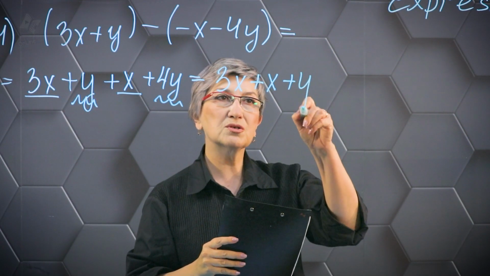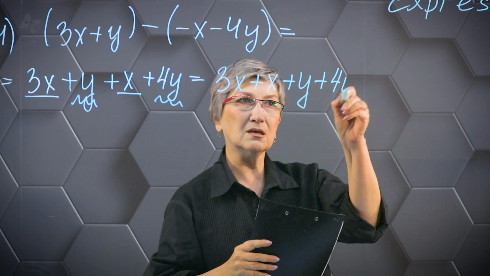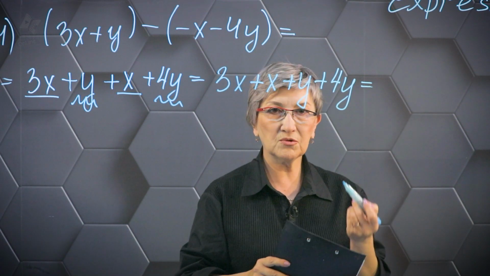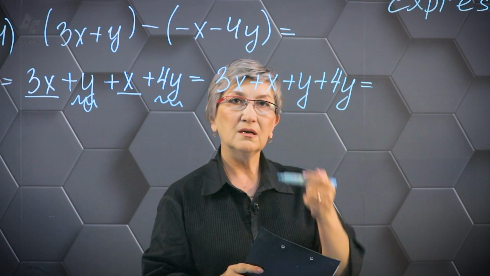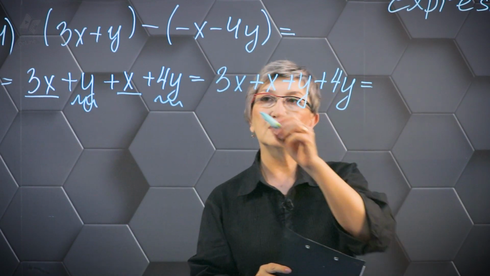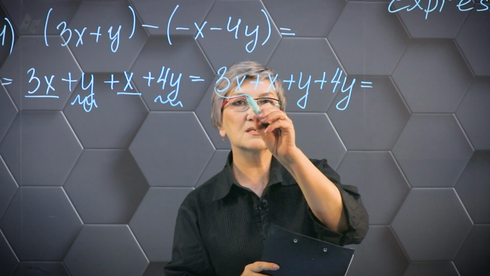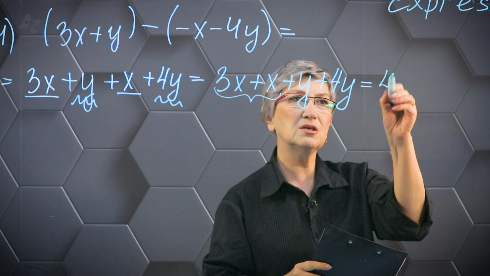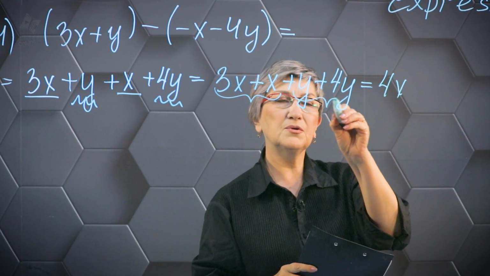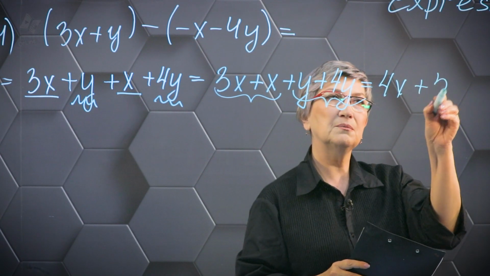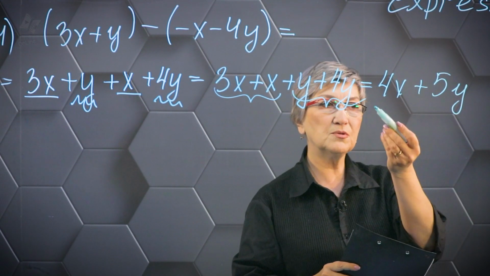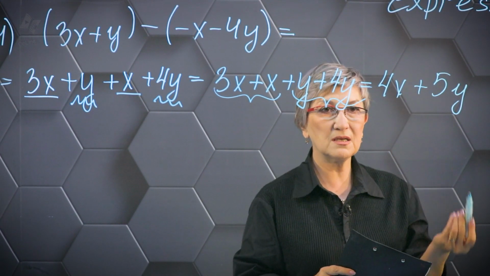So I write plus y and plus 4y. Okay. If you follow these rules, you will write down the correct answer. Now 3x plus x is 4x. And y plus 4y is 5y. The result is 4x plus 5y.